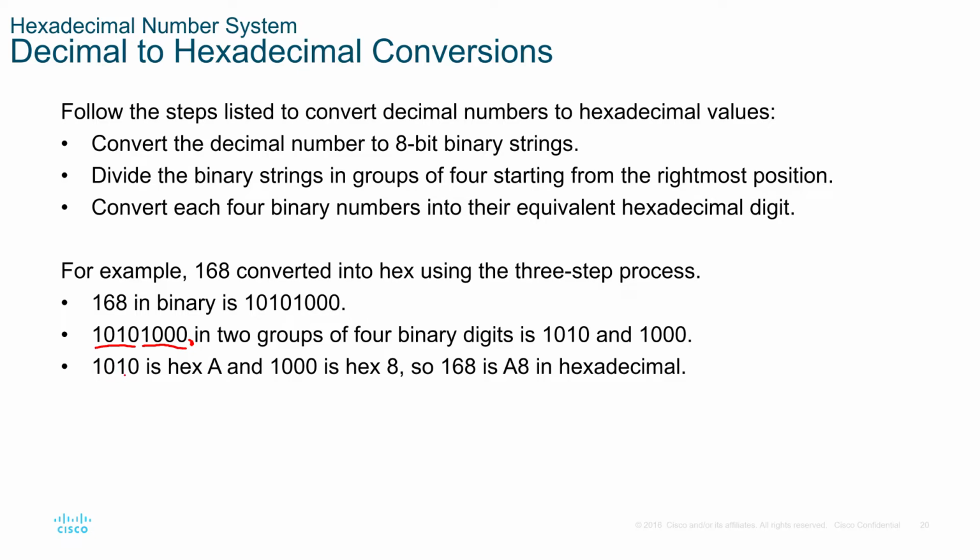So 8 and 2 is 10, or in hexadecimal A. 1 and all zeros is an 8, which is 8 in hexadecimal, so it is equivalent to A8.